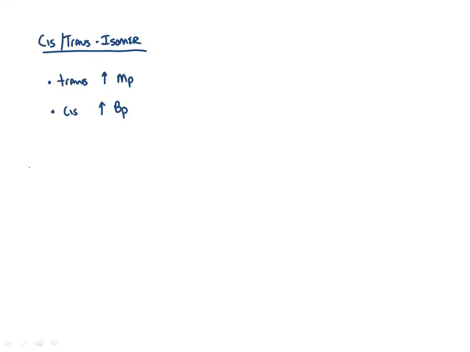But, for example, if I take a look at, say, 1,2-dichloroethene, it's probably the easiest one to look at. If I take a look at the cis versus the trans isomer, and I take a look at the melting point versus the boiling points, for the cis isomer it's minus 80, and for this it's 48.